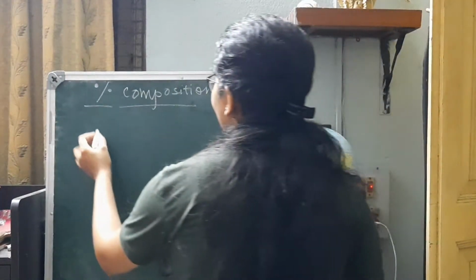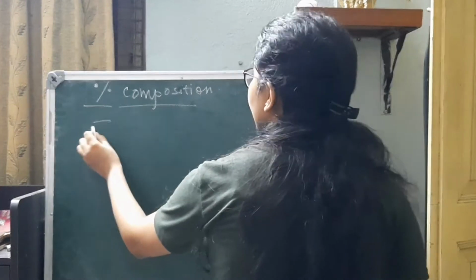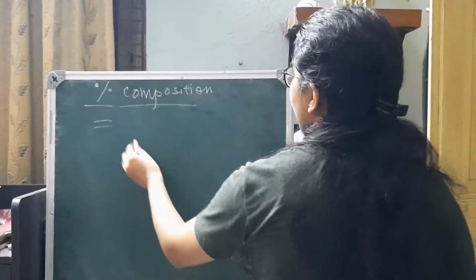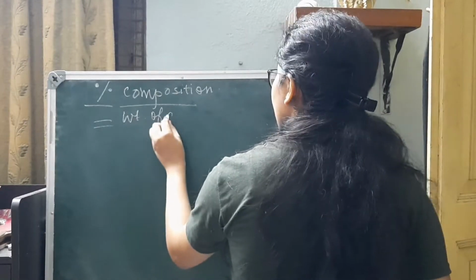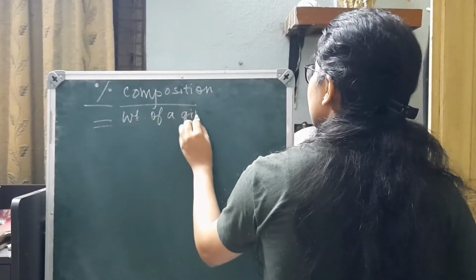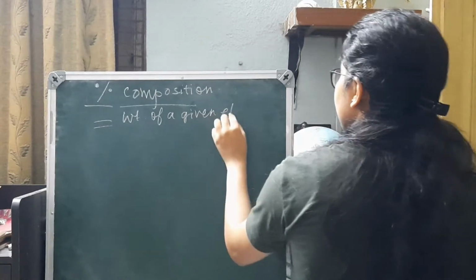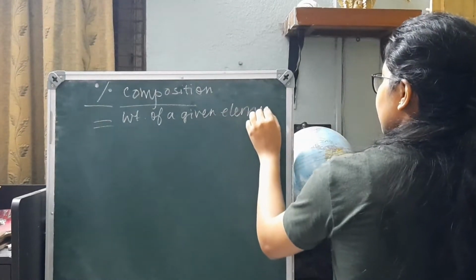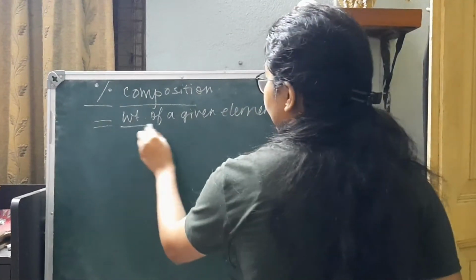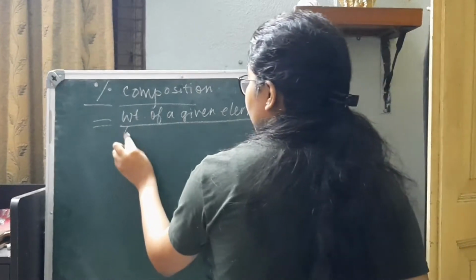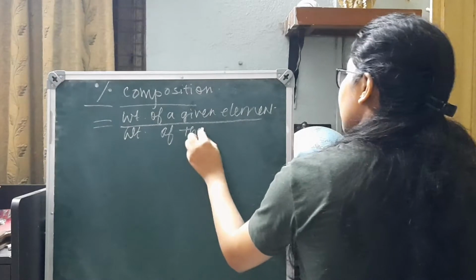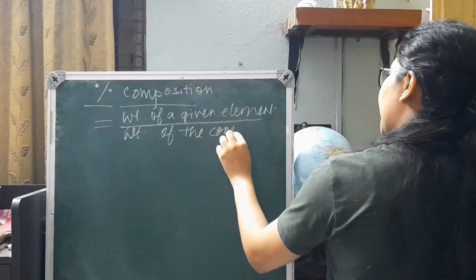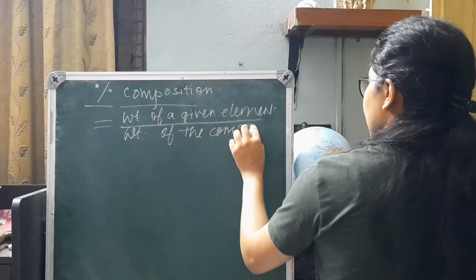That means I can consider percentage composition as the weight of the given element in the compound by the weight of the compound into 100, because it is in percent.